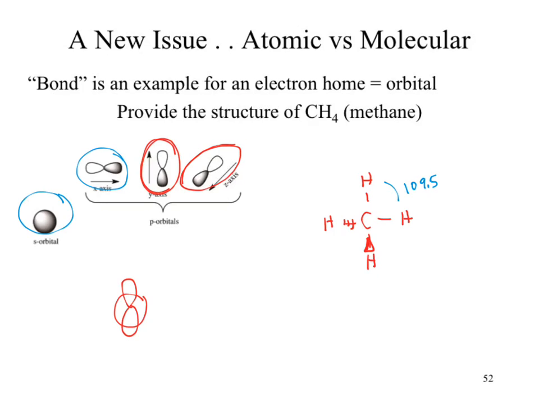This is our qualitative model, hybridization. Our quantitative model is the linear combination of atomic orbitals. We will use kind of a mix of both when we look at molecular orbital theory.